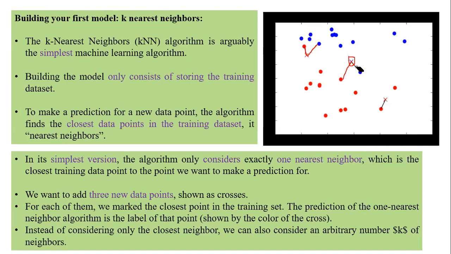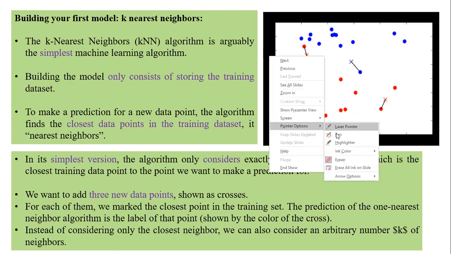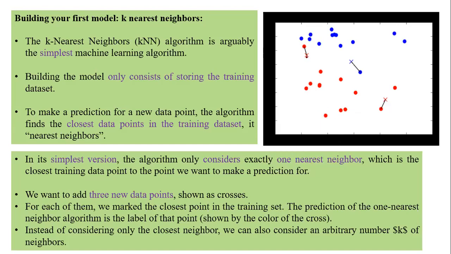Let me remove this. So you can see the closest point to this cross is red, so this cross belongs to the red class.